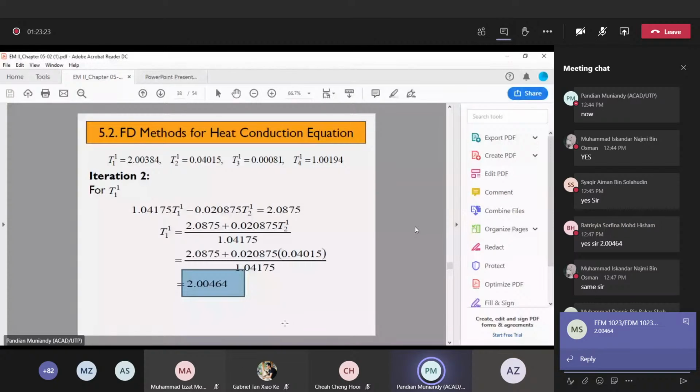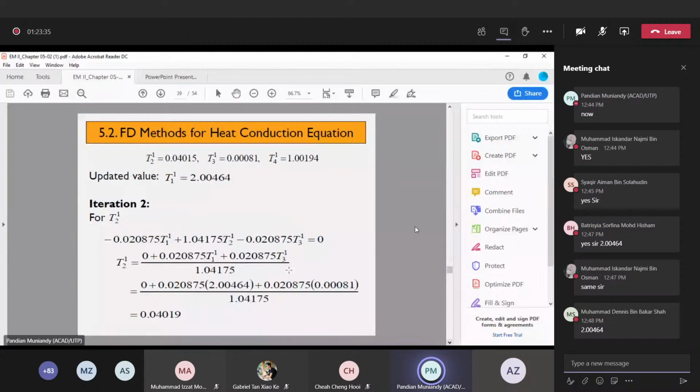All right. So iteration 1, iteration 2. For the T12, you use the second equation, this equation. But we are in iteration 2, yeah? Follow. Iteration 2, but you want to find T12. So T12 is here. So 0 plus 0.020875 T11 plus 0.020875 T13.